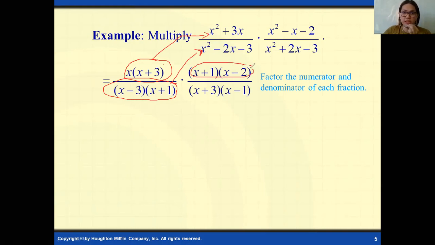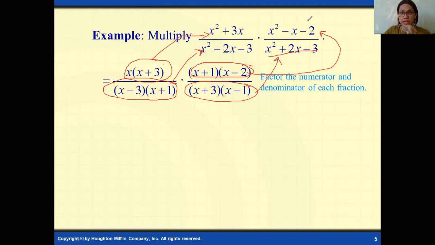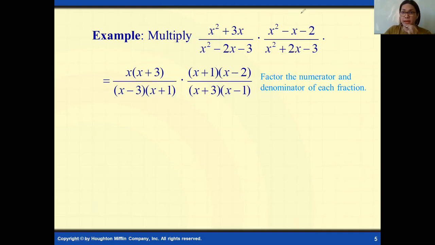And x plus 1 and x minus 2 are factors of x squared minus x minus 2. And of course, x plus 3 and x minus 1 are factors of x squared plus 2x minus 3. So can you follow? We rewrite them in factored form, both numerator and denominator of each rational expression.